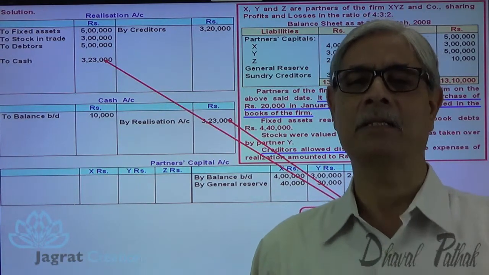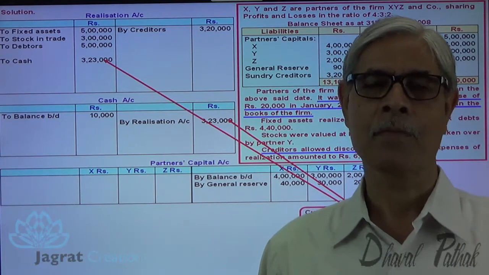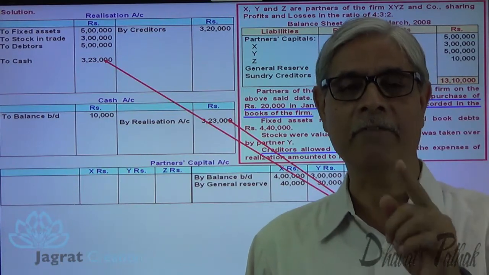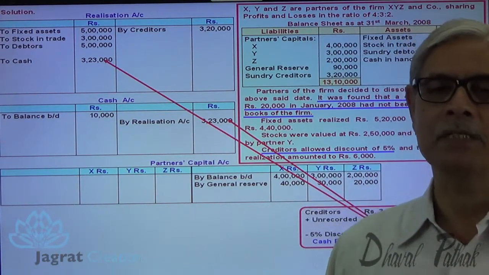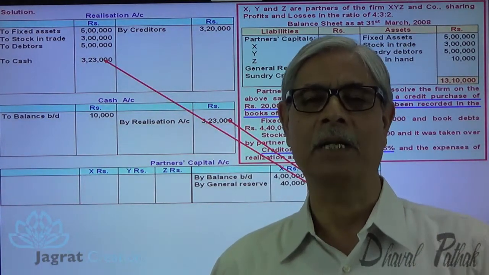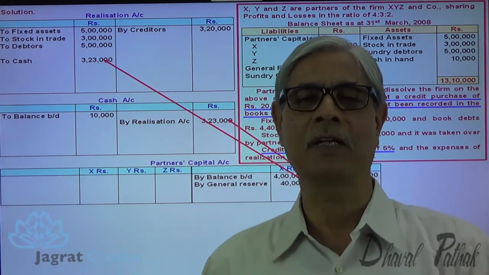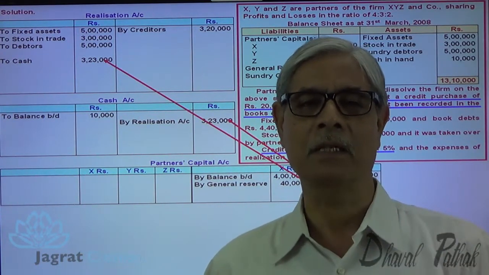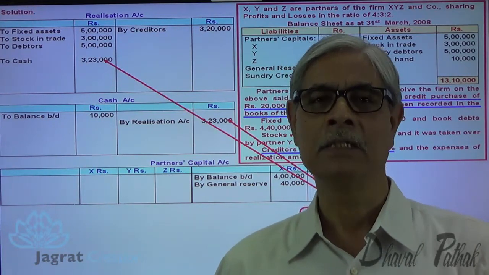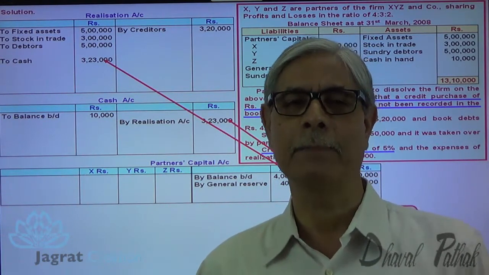Suppose that in this sum, if any of the partners is insolvent and the capital accounts of the partners are fluctuating, then you are required to give the effect of unrecorded purchases as a loss and to be debited to the partner's capital account, fluctuating capital account, and after debiting that loss you should work out the ratio of solvent partners for the purpose of distributing the capital deficit of the insolvent partner. This is not required to be done in this sum because there is no insolvency of any partner.